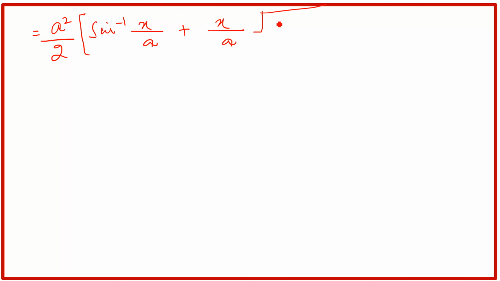So I will show you the result, which is a square over 2, sine inverse x over a, plus x over a, square root of a square minus x square over a, and then plus c1.